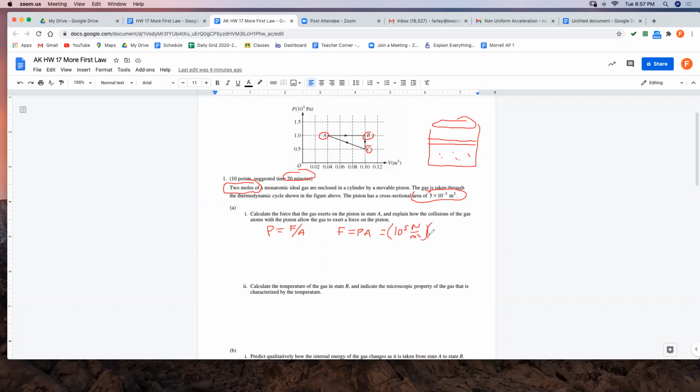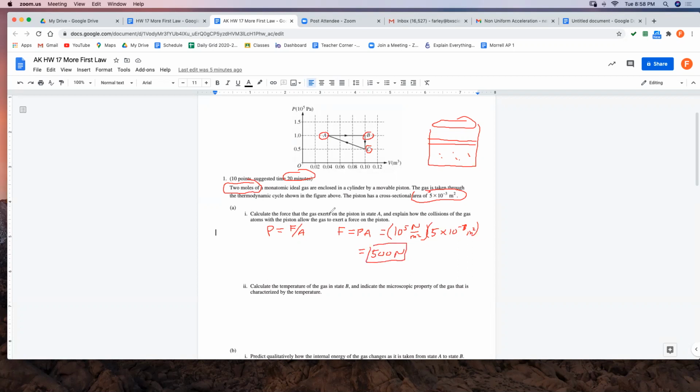And you multiply that by the area, which is 5 times 10 to the minus third meters squared. And so you're going to end up with 5 times 10 to the 2, AKA 500 newtons. Okay, 500 newtons. So that is part A.